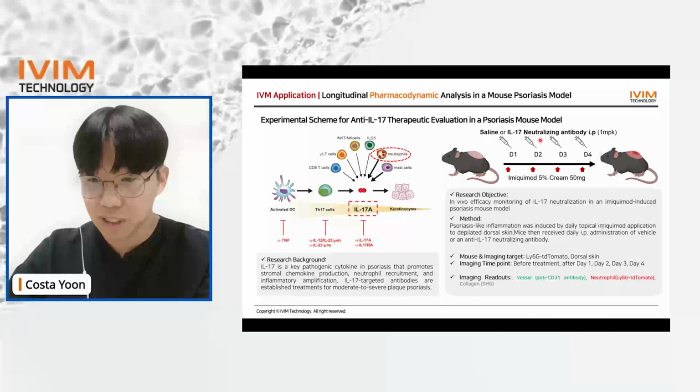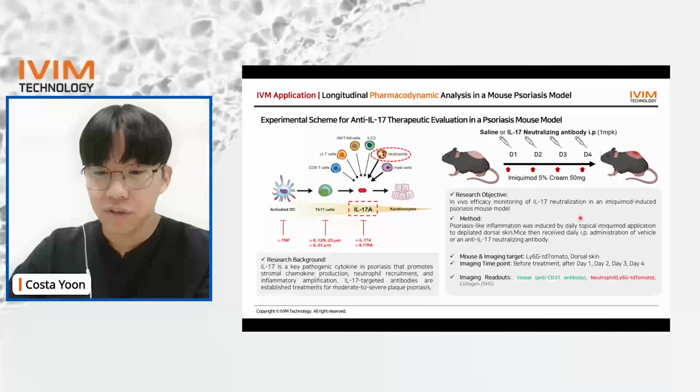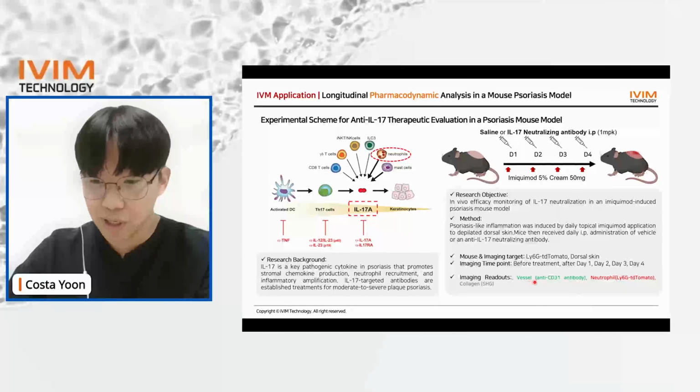Saline, or IL-17 neutralizing antibody, was administered once daily by intraperitoneal injection at 1 mpk. To visualize neutrophils consistently, we used a fluorescent reporter mouse and performed imaging of the dorsal skin. Imaging was conducted before treatment, and on day 1, day 2, day 3, and day 4 after treatment.